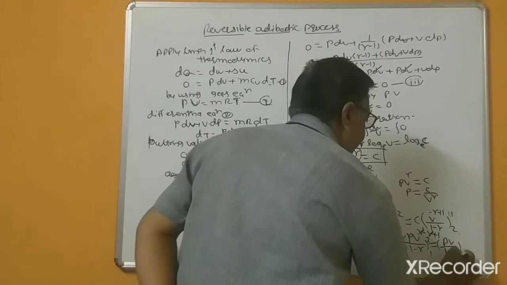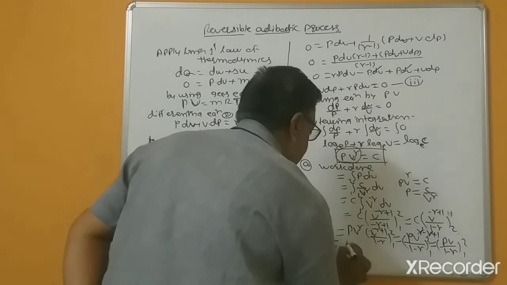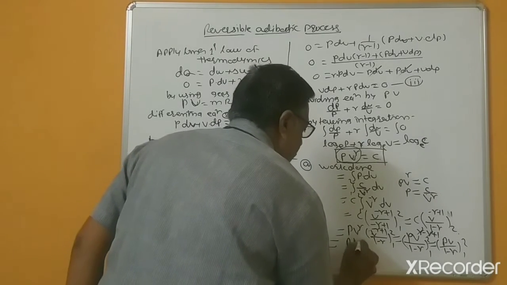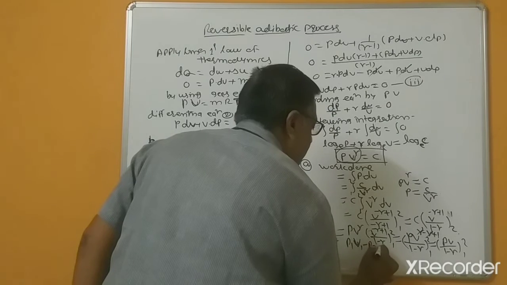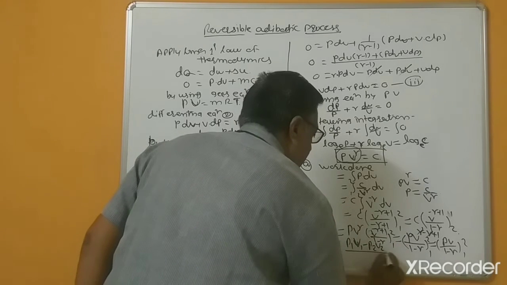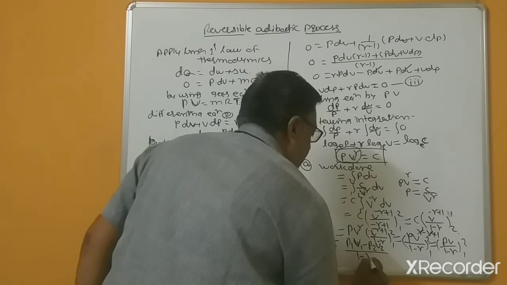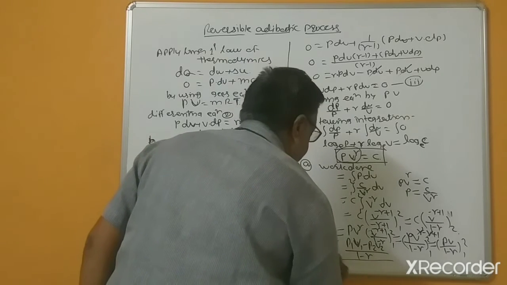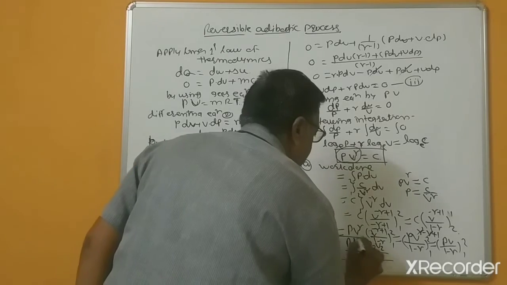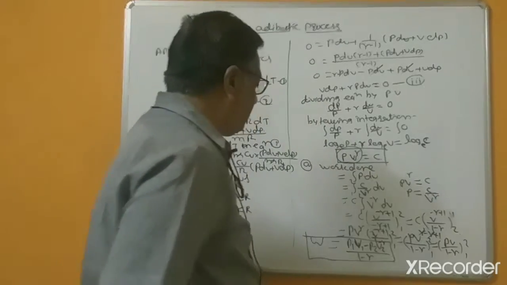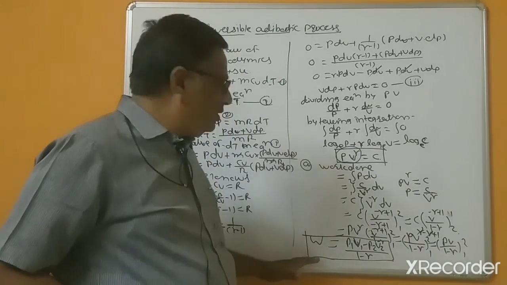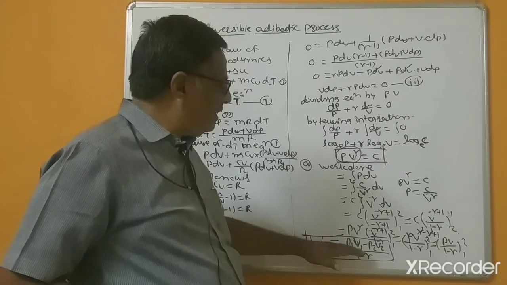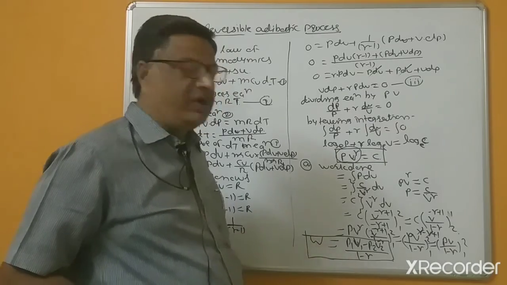So we can write P1V1 minus P2V2 divided by 1 minus gamma. This is the work done. For a reversible adiabatic process, you got this important relation: W equals (P1V1 minus P2V2) divided by 1 minus gamma.